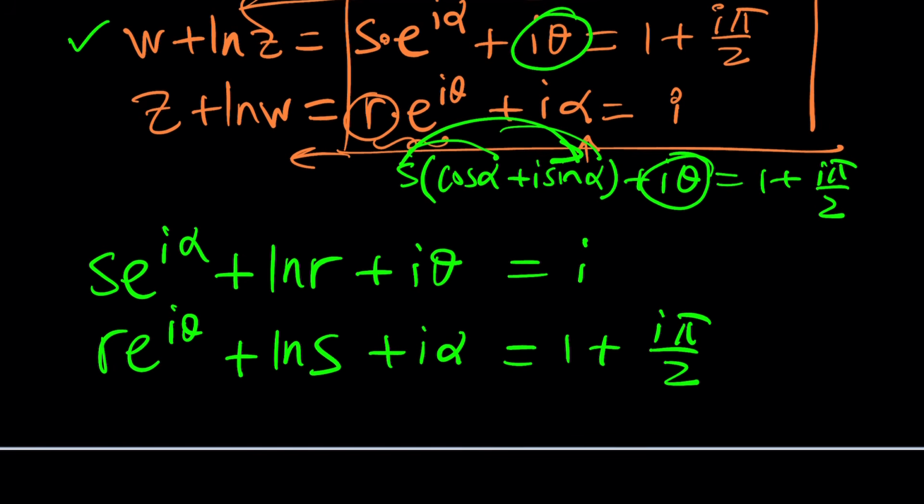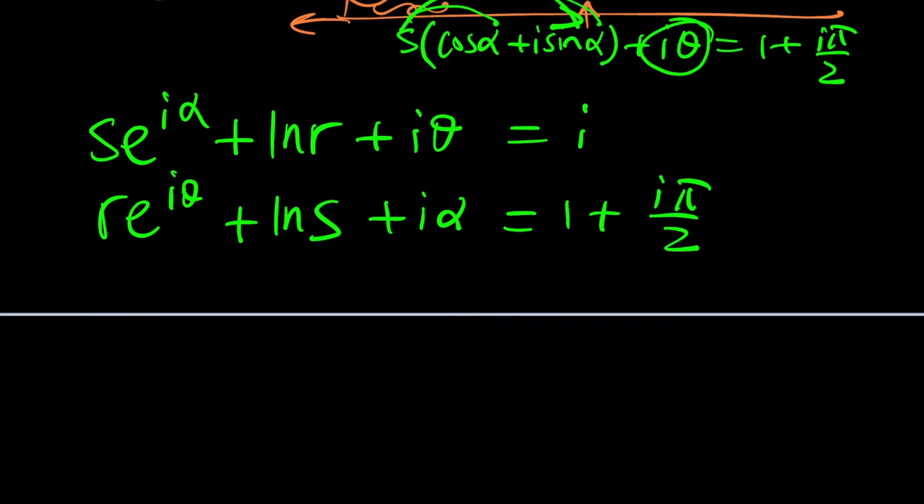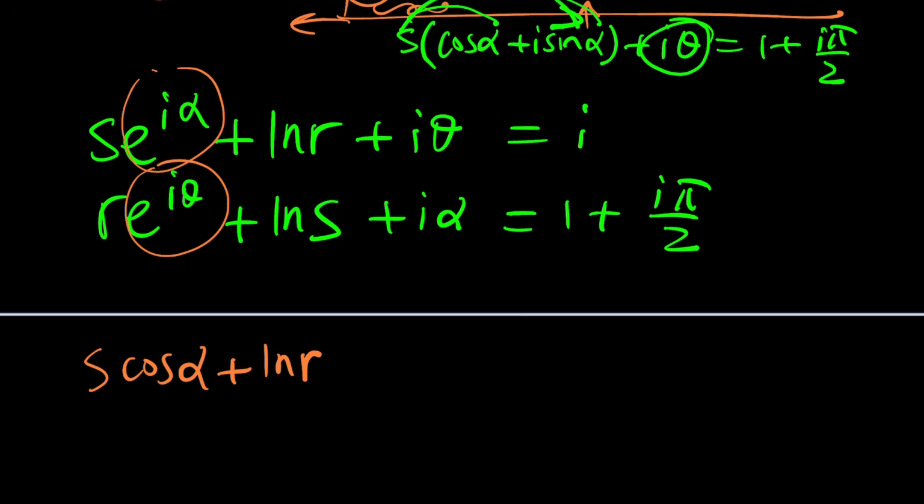Now, we're going to go ahead and expand it. Like I said earlier, these are going to be turned into trigonometric forms, and I don't have to do it again. Let me just give you the result. The first one is going to give you s cos α plus ln r plus i times s sin α. Remember, we've done this before.